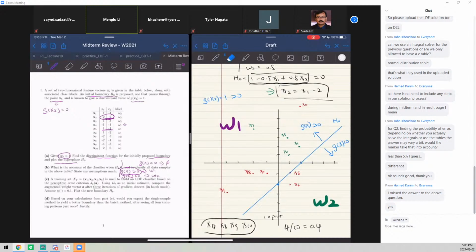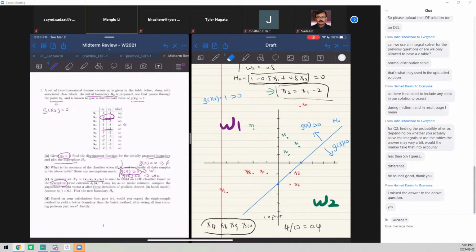Part 3 gives us a training set. It contains 4 points, and we use that to build a classifier based on the perceptron error, perceptron gradient descent.